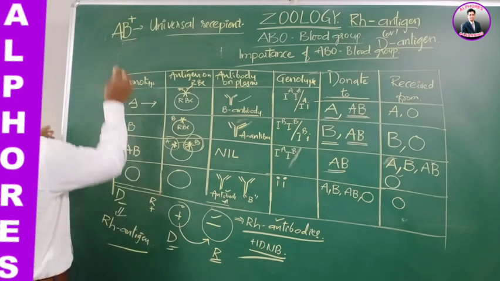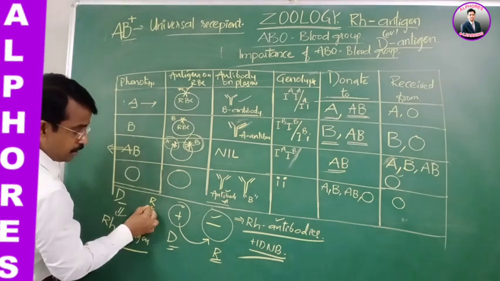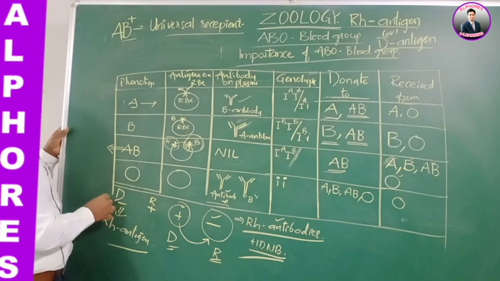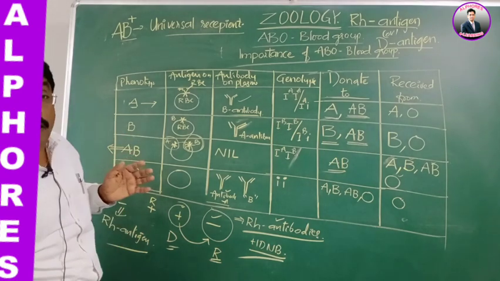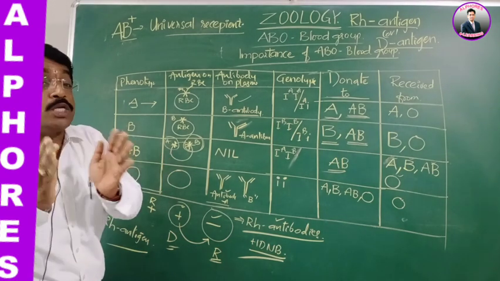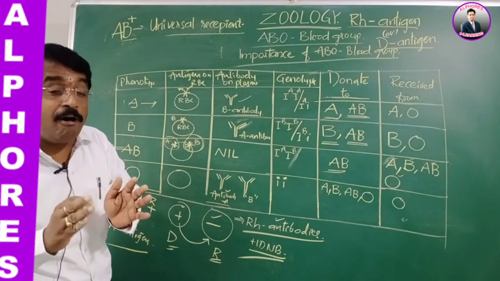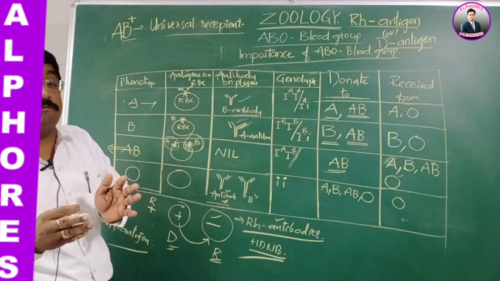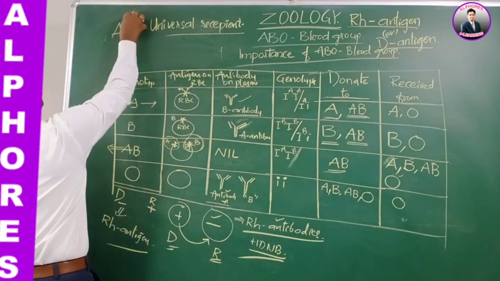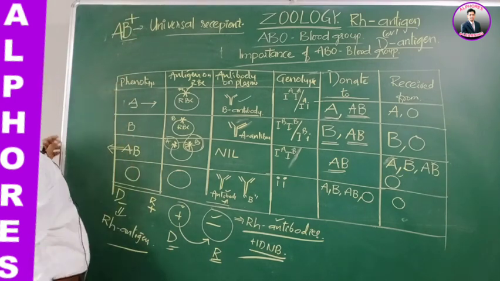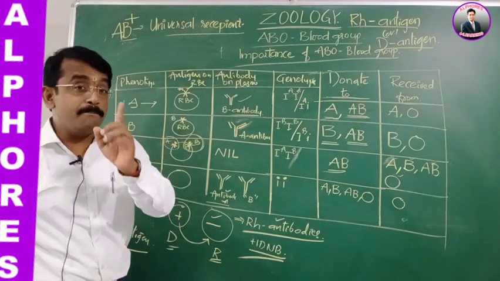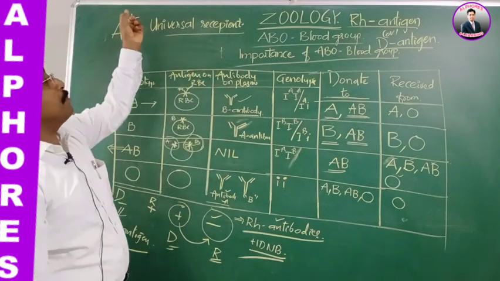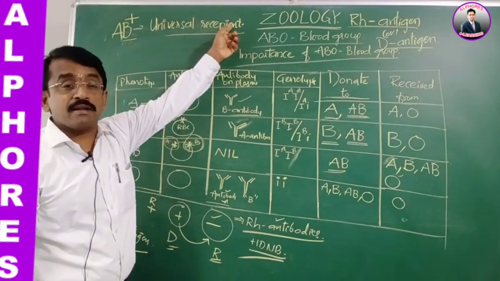So if the recipient is Rh positive, whether the donor is positive or negative, no problem. So which one do you prefer among A positive, A negative, B positive, B negative? AB positive is the universal recipient. Be careful, AB positive is the universal recipient.